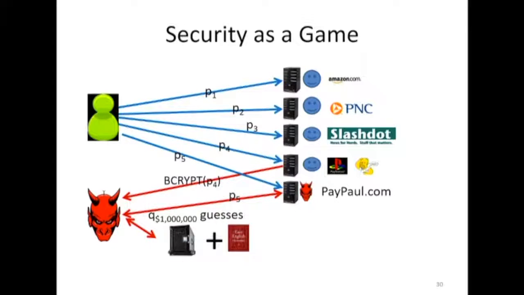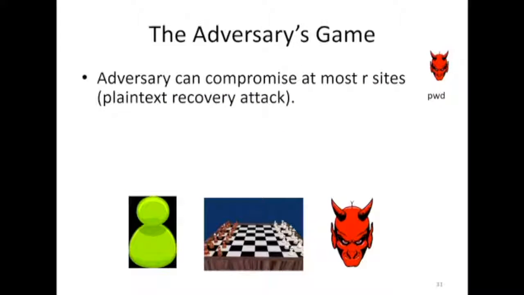So the user wins this game if the adversary fails to crack any of the passwords that he doesn't already have. So in this case, if the adversary manages to guess any of the user's other passwords other than paypal.com, the adversary would win this game. And if the adversary fails, then the user wins this game.